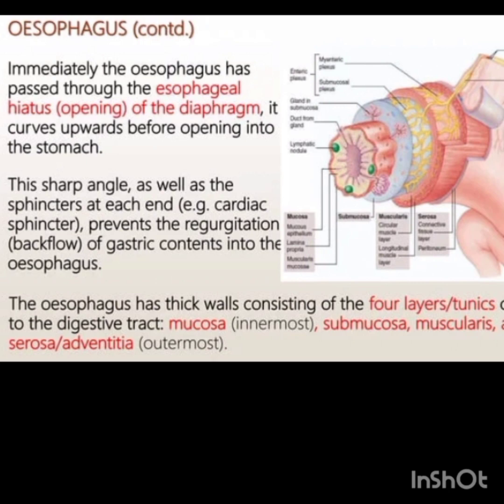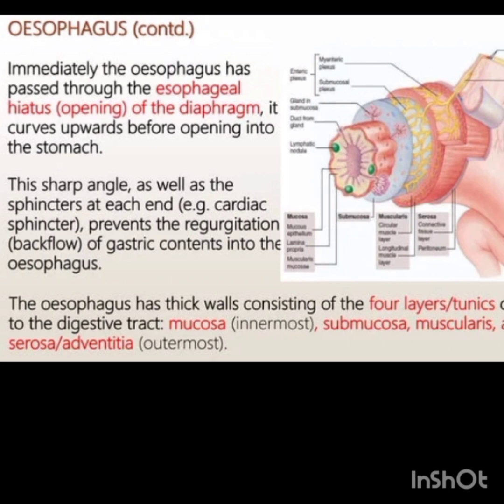This sphincter is also called the cardiac sphincter. It is nothing but a constriction ring which prevents food regurgitation. Once you have eaten, the food should not come back out. For that, the cardiac sphincter helps by holding back the stomach content, or otherwise the esophageal content.